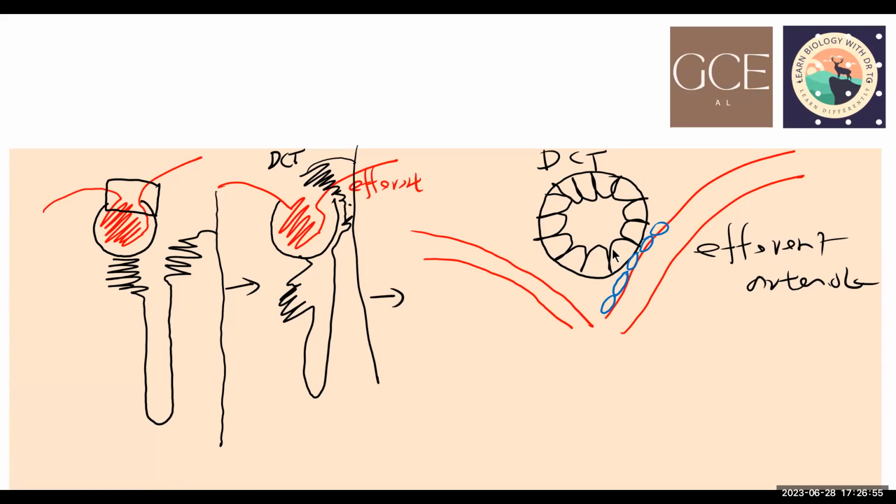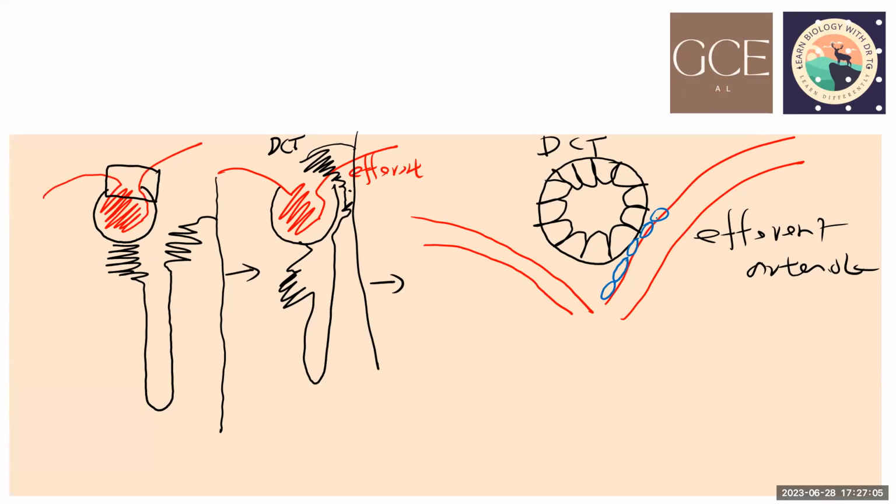It's a collection of cells. These cells are called extraglomerular. Extraglomerular means outside the glomerulus. The glomerulus is the capillary network inside the Bowman capsule.